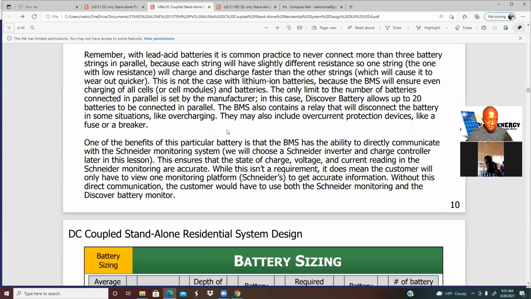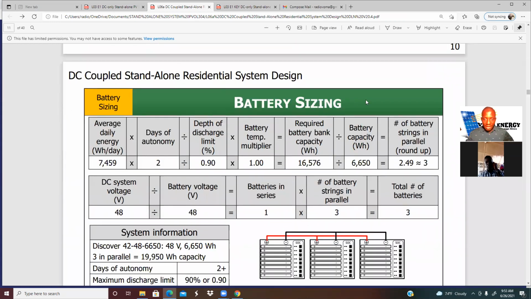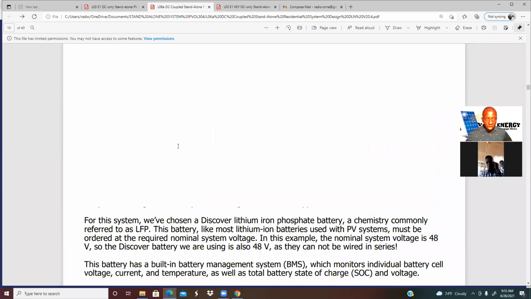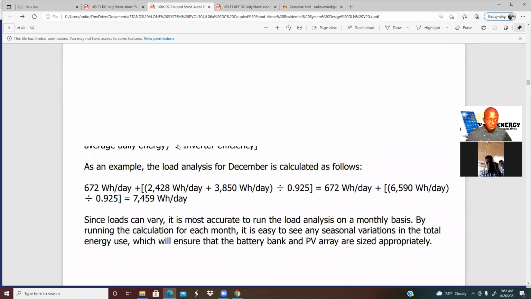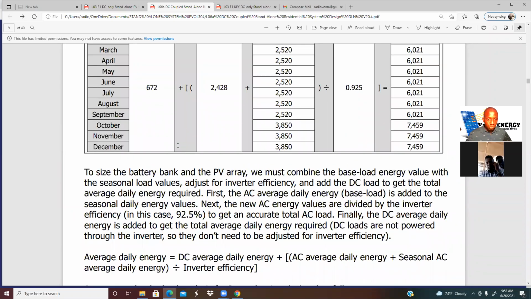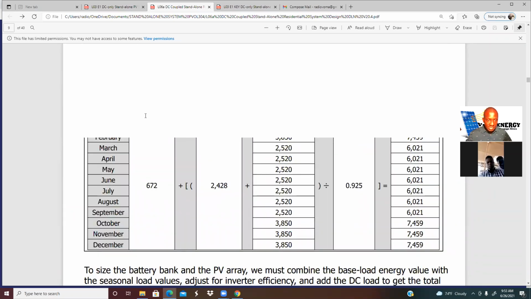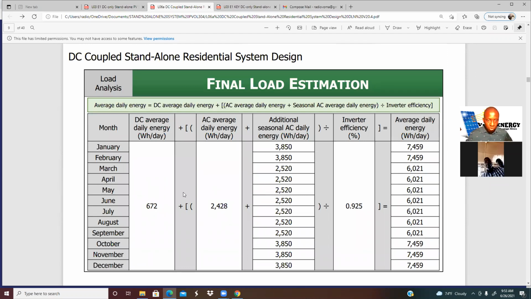So that's a bit more about batteries. I'm not going to read all day on it. Battery sizing. Now, the average daily energy in watt-hours, which we have now, how did we get that? We got that from here, from adding all of the loads. We added the seasonal load right here, the DC average daily load, 672. The AC average load, 2,428.